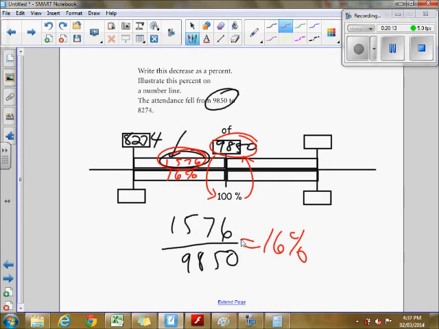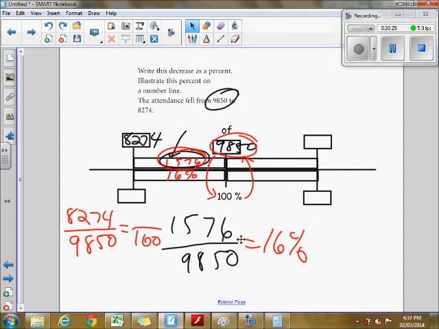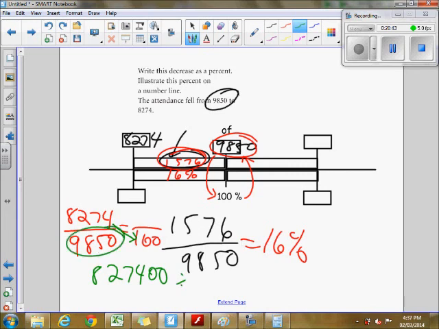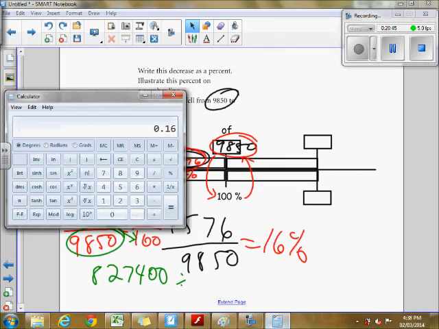Yet another way is to do cross multiplying. So 8,274 over 9,850 is what equivalent fraction to 100, because again, it percents out of 100. How we solve these questions is we multiply the top of this fraction by the bottom of that one, and we'll get 8,274 and 2 zeros. And then we divide by 9,850.